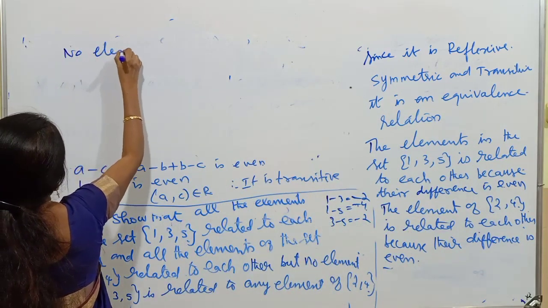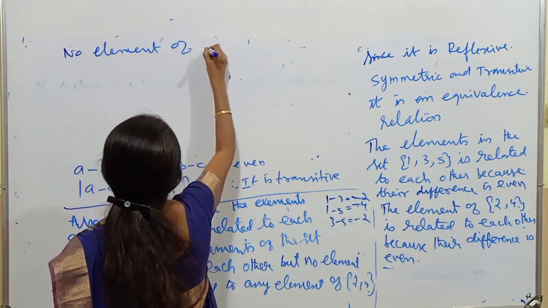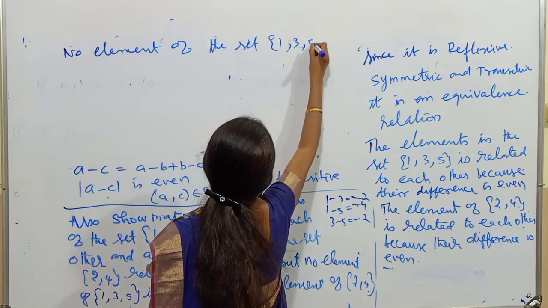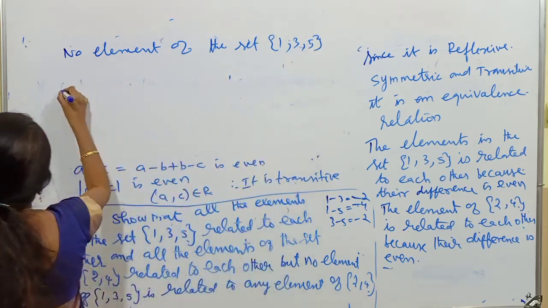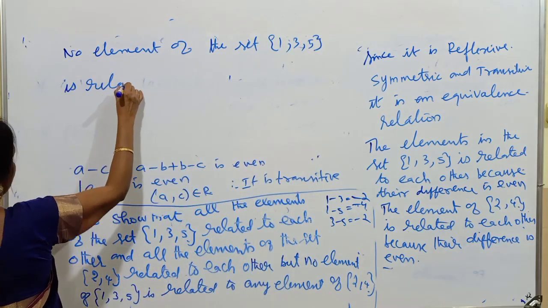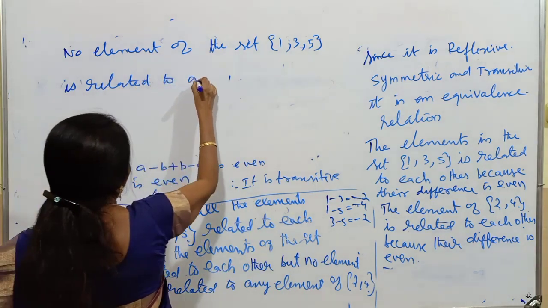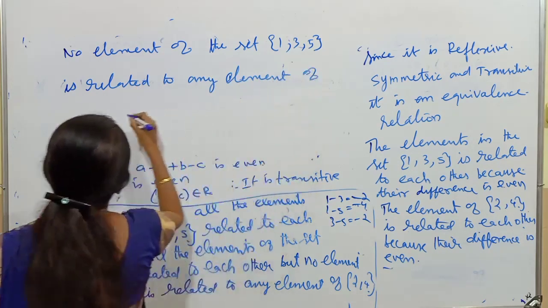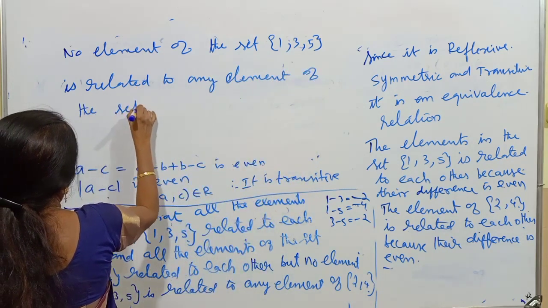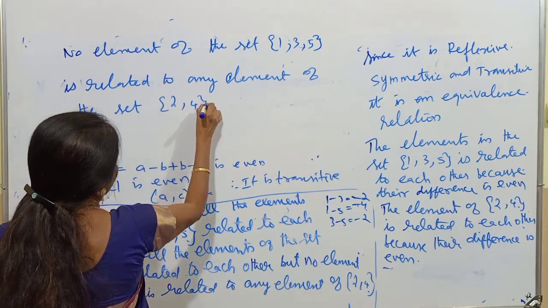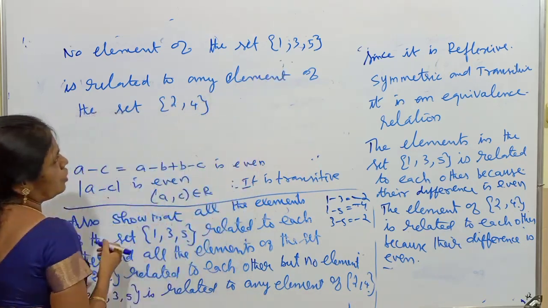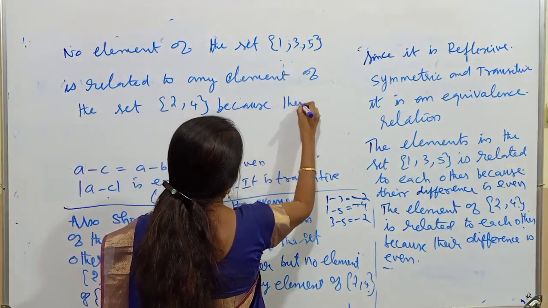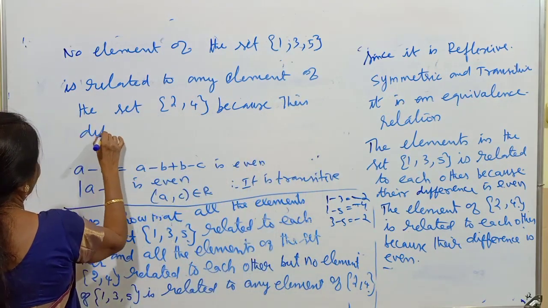No element of the set 1, 3, 5 is related to any element of the set 2, 4. These two are not related to each other because their difference is not even.